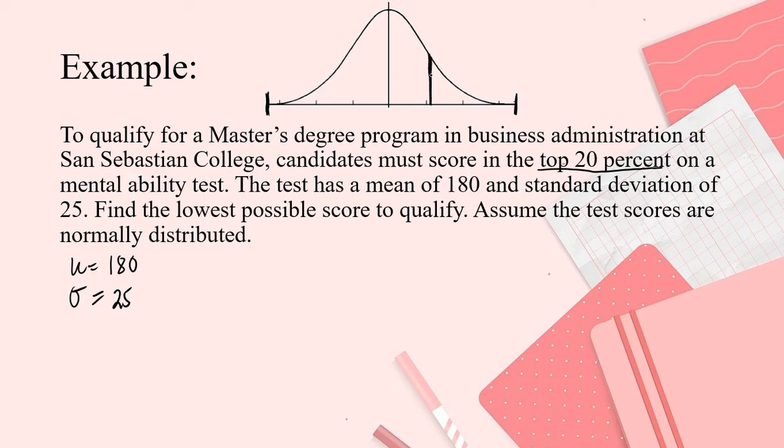So, let's say, this is the top 20%. So, ano daw yung pinaka-lowest na score para daw po maka-qualify ka doon sa program na yun. So, this is the 20%.